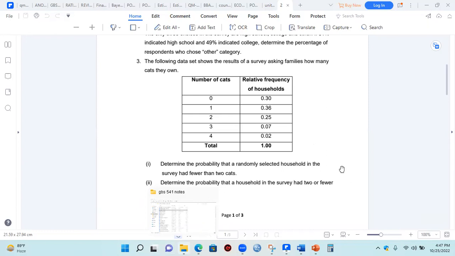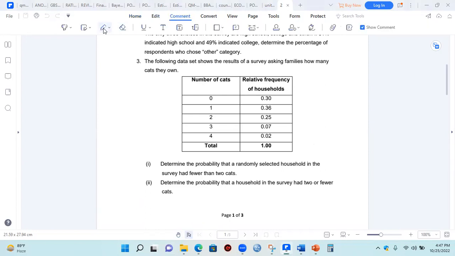Summation of x over n. Summation of x over n. I'm sure you came late. That is not the mean formula for a discrete random variable. This is our x, and this is our probability.